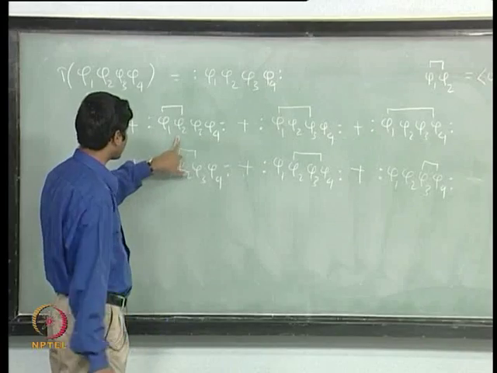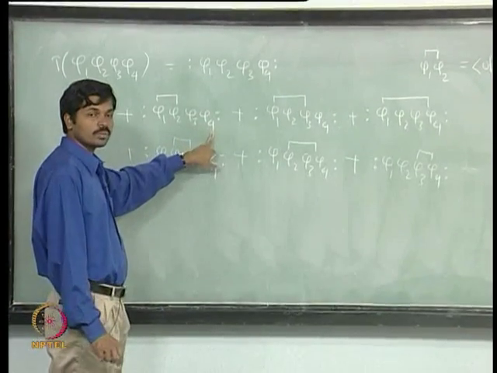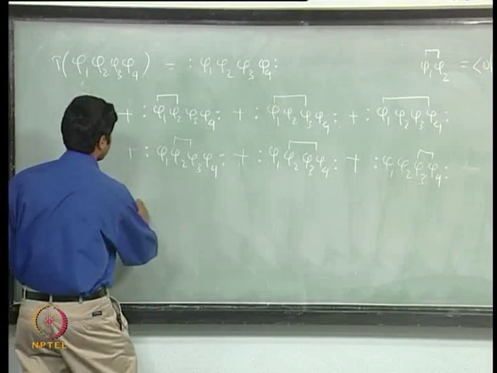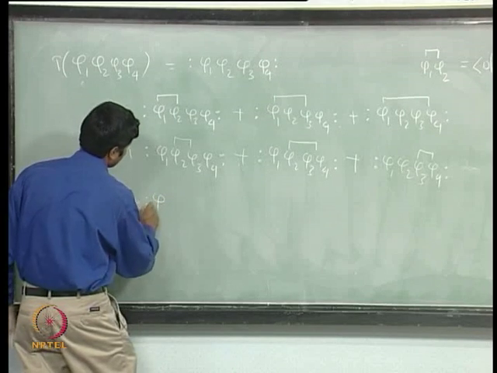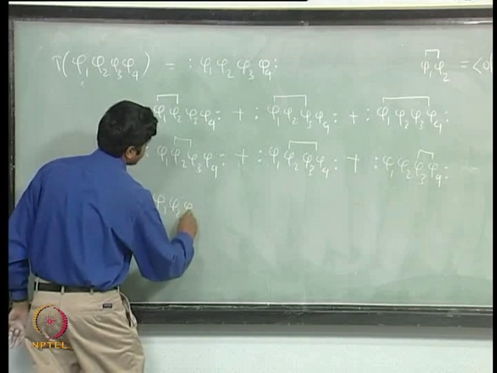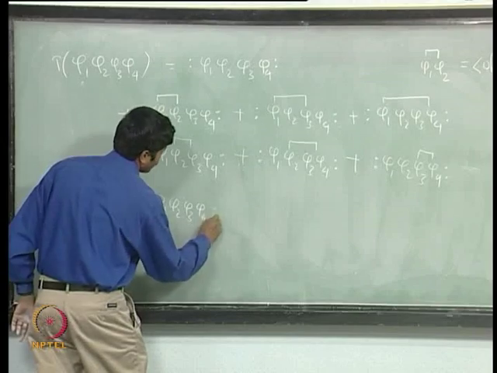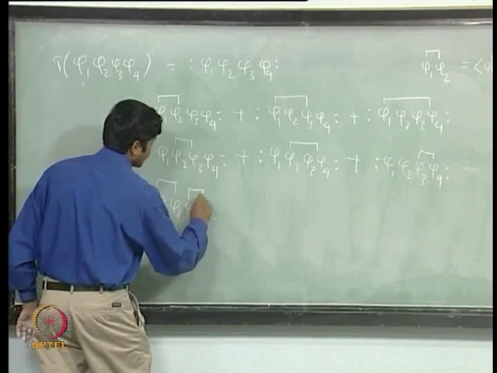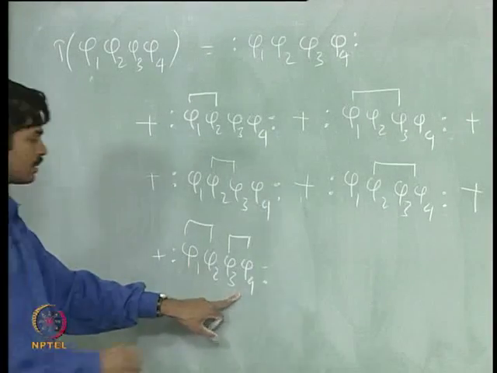However, there are also two contraction terms. Phi 1 can contract with phi 2, phi 3 can contract with phi 4. So, that will give me the normal order product of phi 1, phi 2, phi 3, phi 4, where these are all two contraction terms.